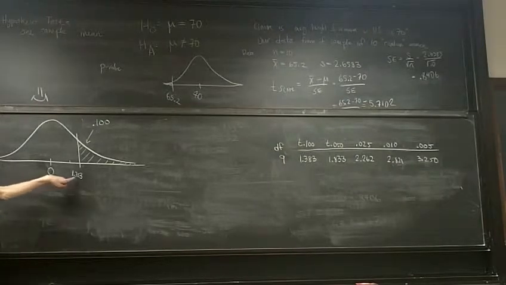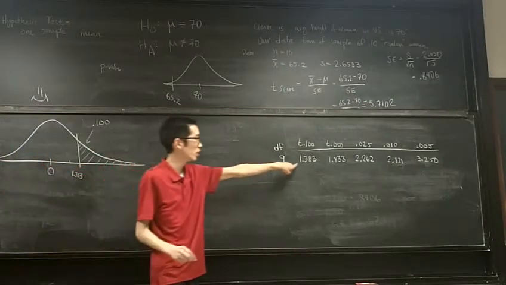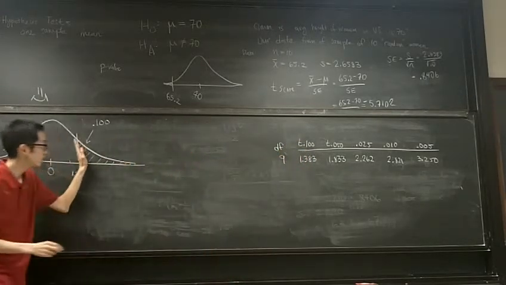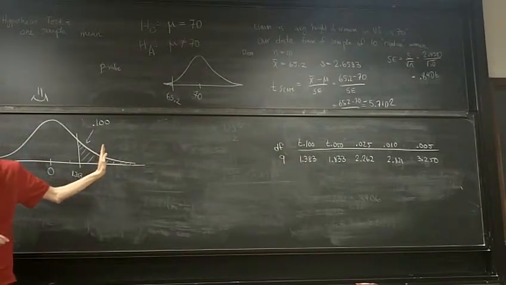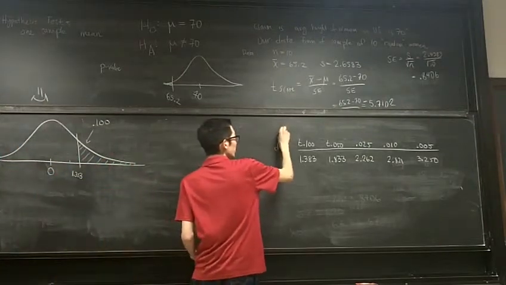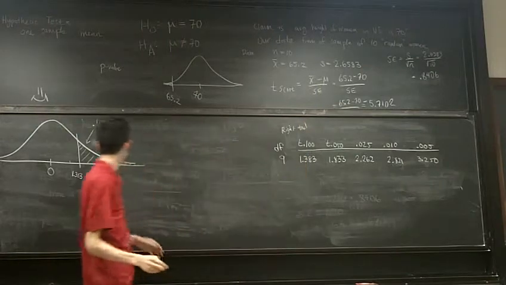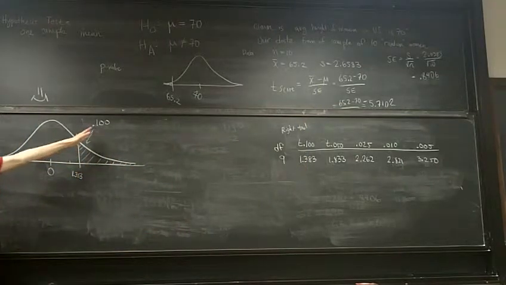So if I draw a cutoff line at this value, 1.383, the amount in the right tail, that's why it says right tail probability, is 10%. Does that make sense?